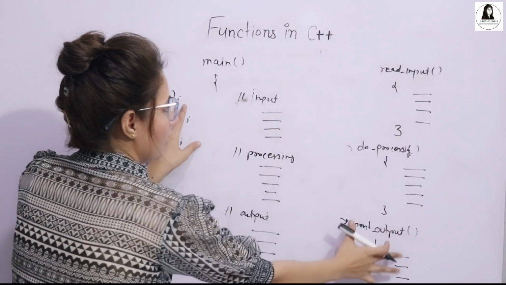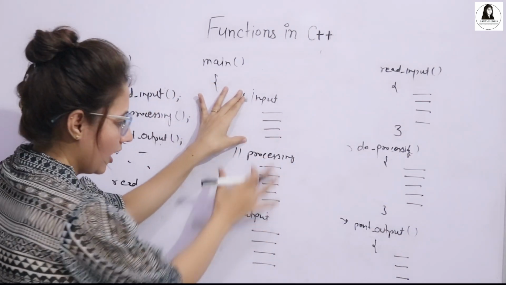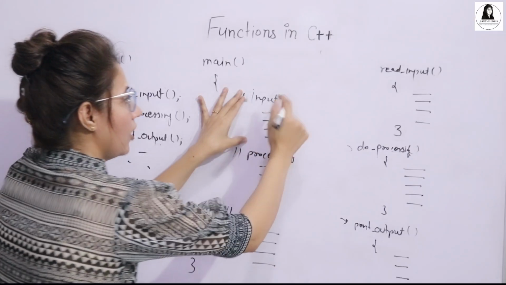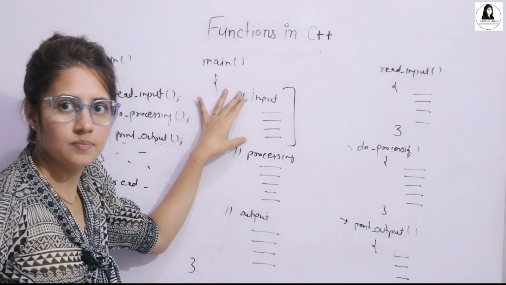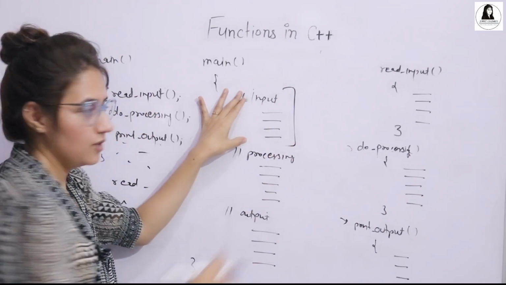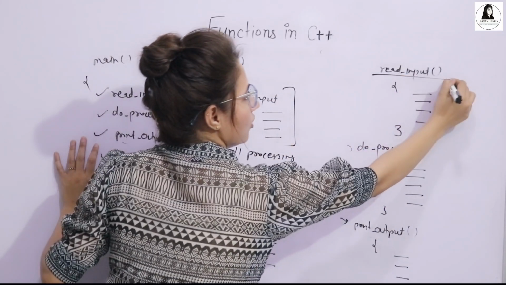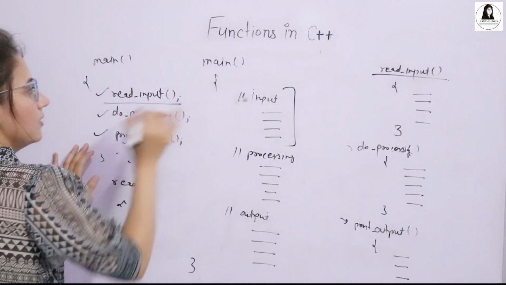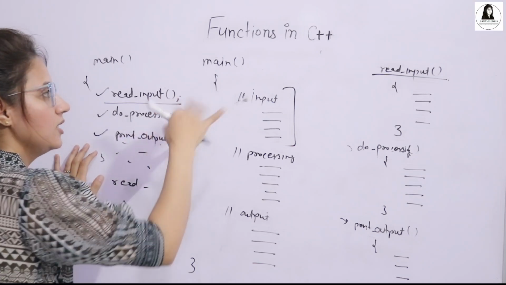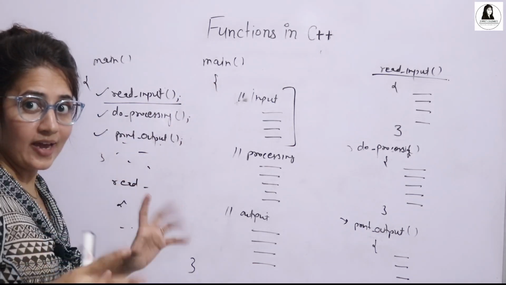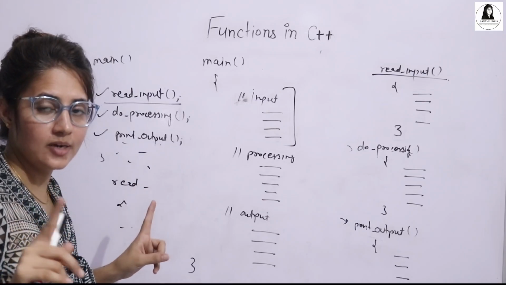But if you don't have function, this is for input, and somewhere later in a program, if you want to take input again, you have to write down these 4 steps again, right? But if you are using function, you don't need to write these steps, you just call the function, just by calling the name of the function and these parentheses, that's it. So now you are getting my point, why functions are important, right?